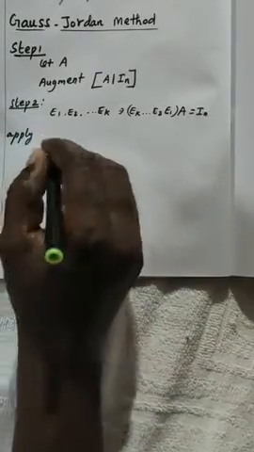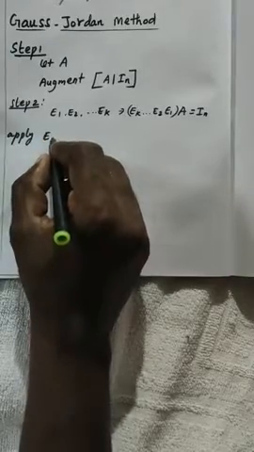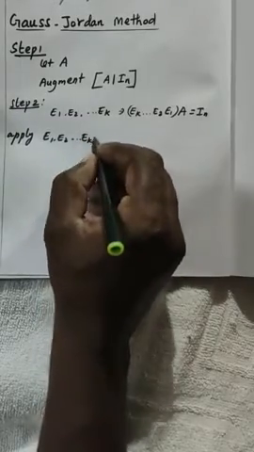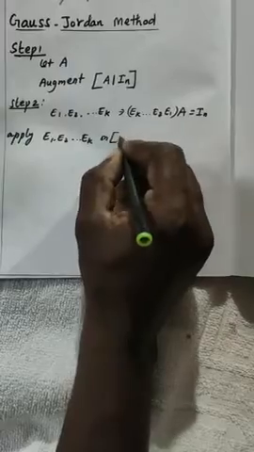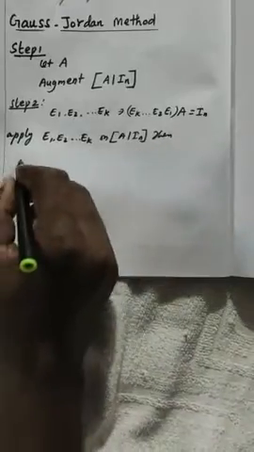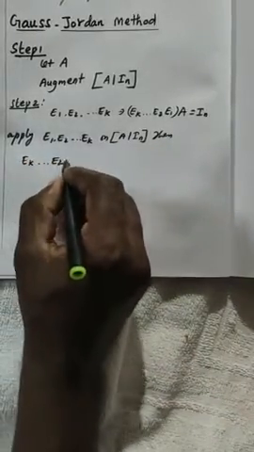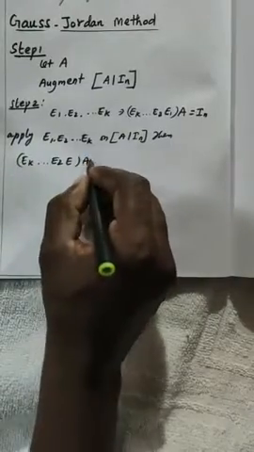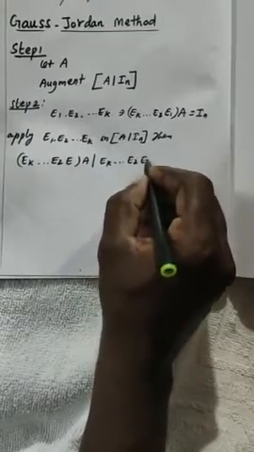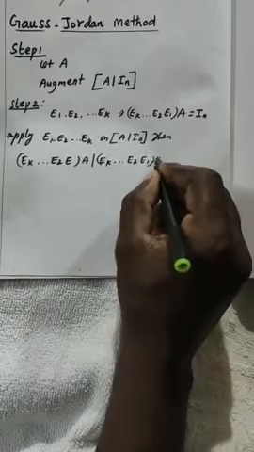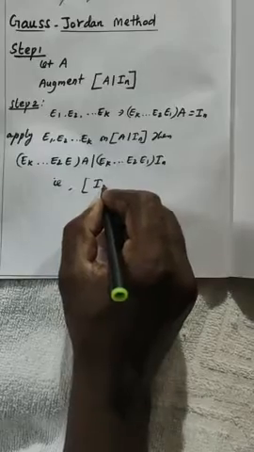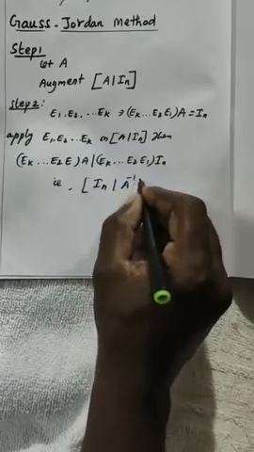Apply these elementary matrices E1, E2, etc., Ek on the augmented matrix, then Ek etc. E2, E1 times A augmented with In gives In augmented with A inverse.